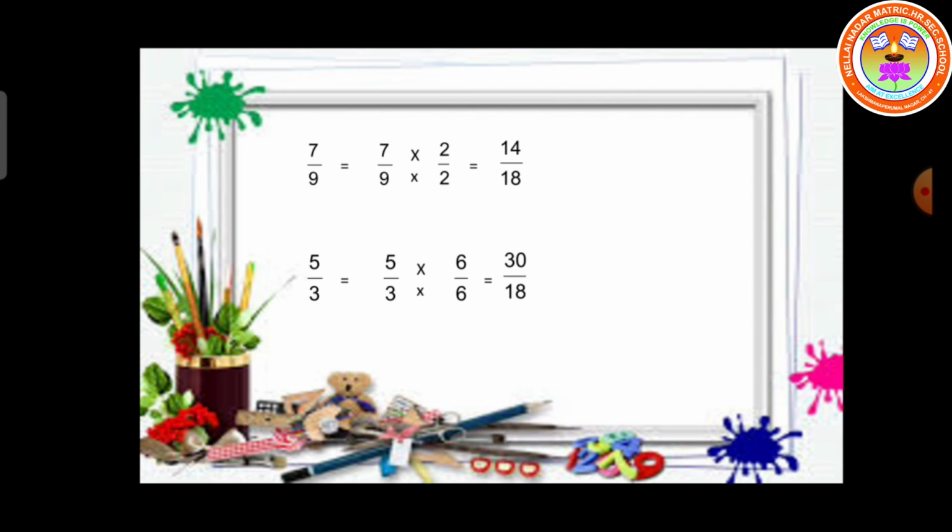Multiply the 2 with the numerator. So 14 by 18. The same with 5 by 3. 3 is multiplied with 6. The same 6 is multiplied with the numerator. So we can say 5 into 6 are 30 and 3 into 6 are 18. So the fraction is 30 by 18. Is it clear, students, this problem?